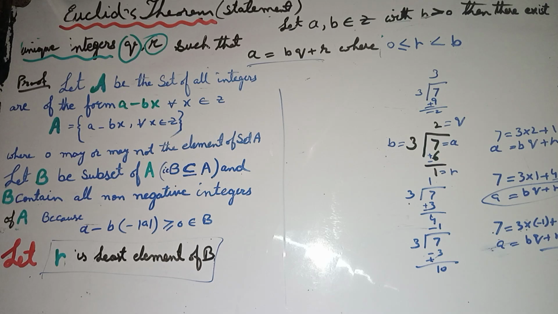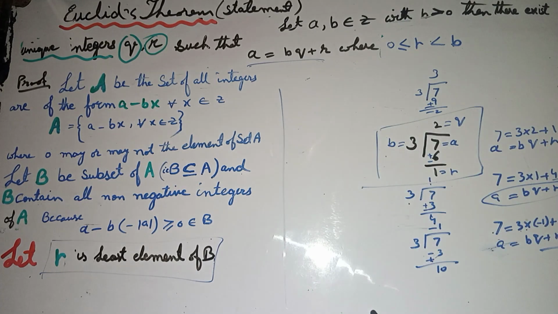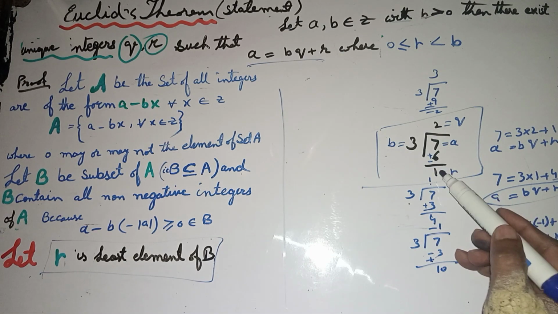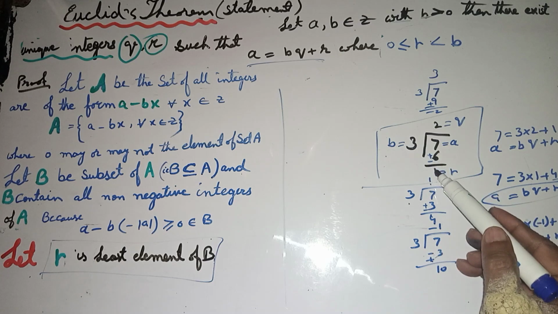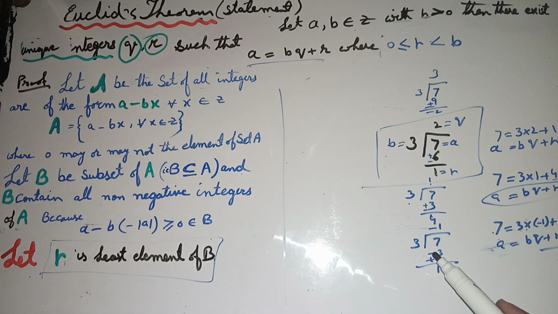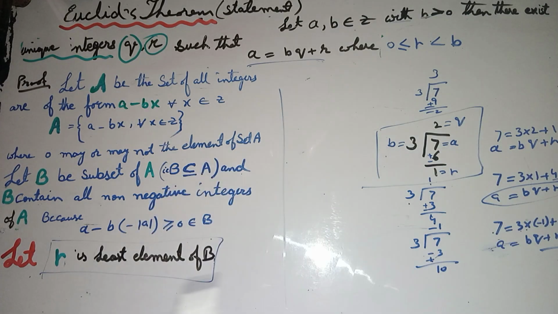But we say that this division is only true when we stop the division process when R is less than B, R is less than B, and R is 0 or greater than 0. And these Q and R are unique. Now we read out the statement.